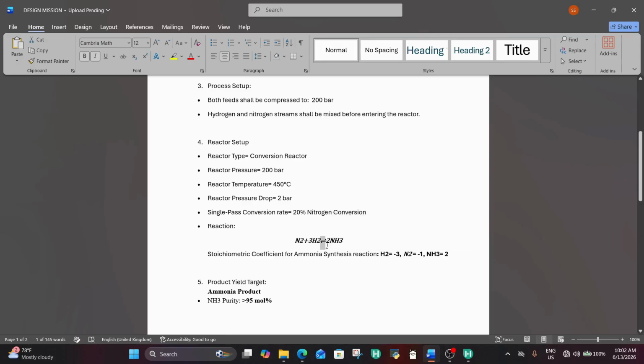One is going forward and the other one is going backwards. It's a reversible, equilibrium reaction. So as much as we combine nitrogen and hydrogen to produce ammonia, we can decompose ammonia itself to break it down into hydrogen and nitrogen gas.